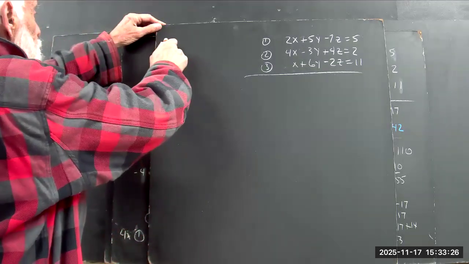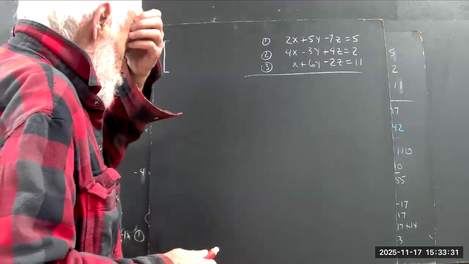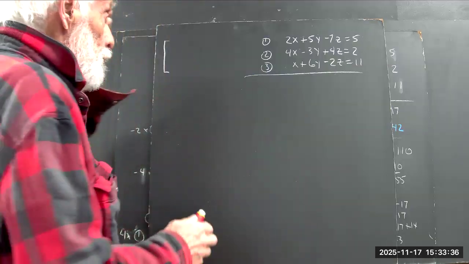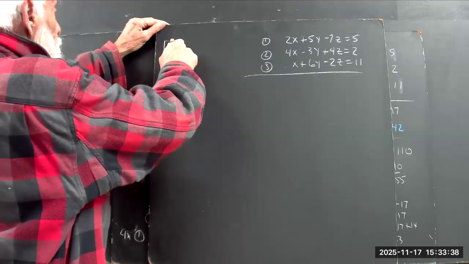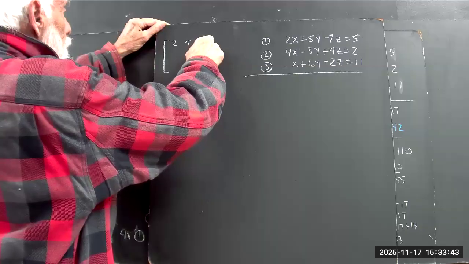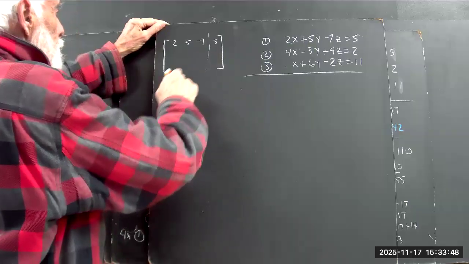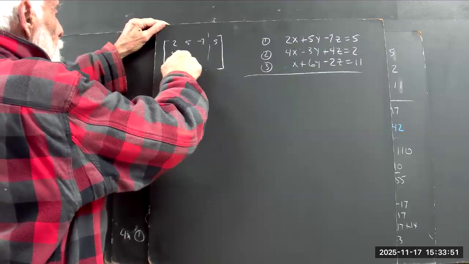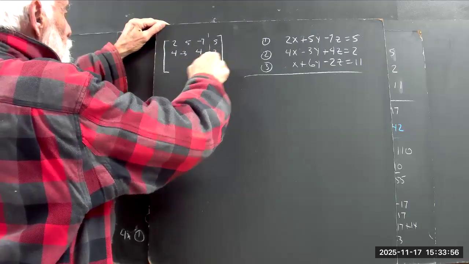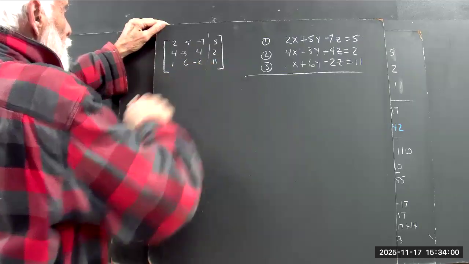So the augmented matrix for this system, and you'll not be surprised by this, as long as you've done the work and understood two systems, two variables, is going to consist of the coefficients 2, 5, negative 7, 5, 4, negative 3, 4, 2, 1, 6, negative 2, 11.